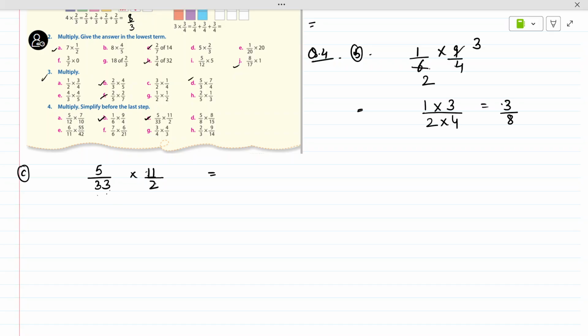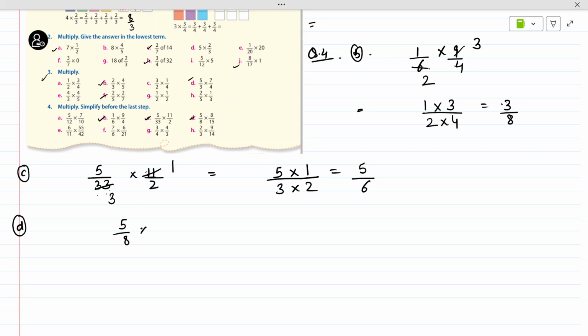They have 11 as the common factor. So we have 11 into 1, 11 into 3. So in the numerator, we have 5 into 1. In the denominator, we have 3 into 2. So 5 by 6 is the answer, the required product. Okay, this is easy.